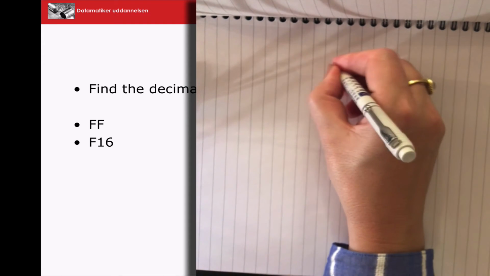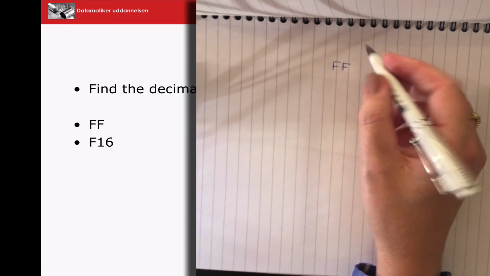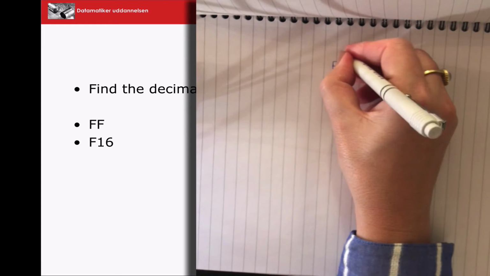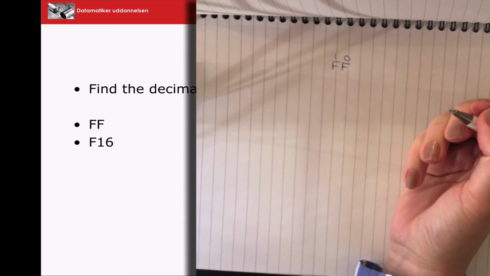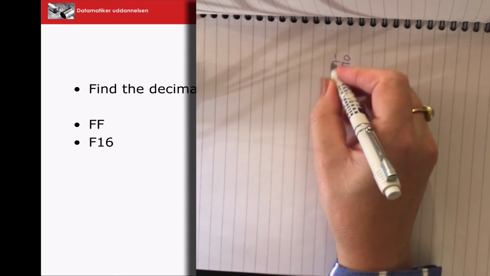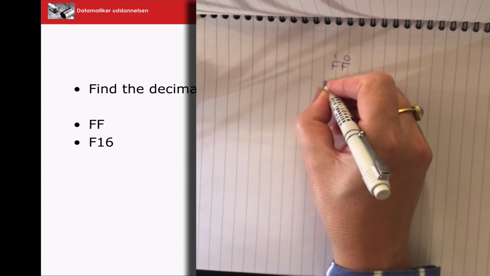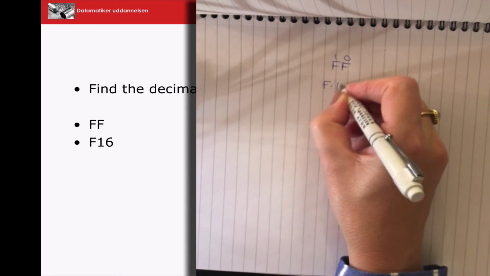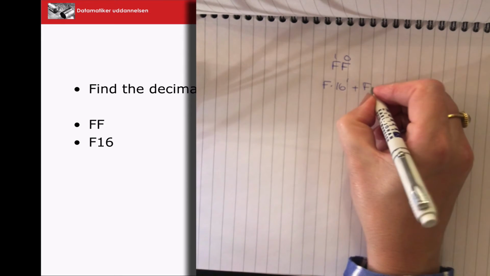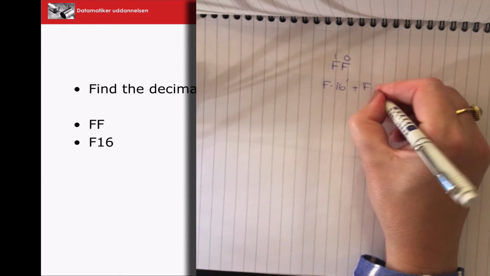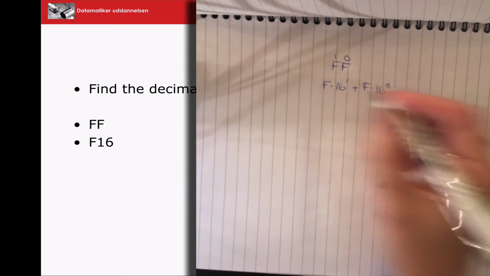But let's try FF. It's a hexadecimal number. This is the 0th position, this is the 1st position. So when I want to find the decimal value, it's F multiplied with 16 to the power of 1 plus F multiplied with 16 to the power of 0.